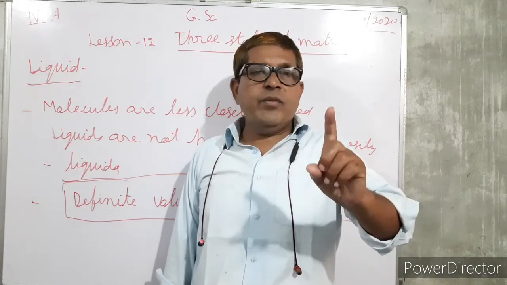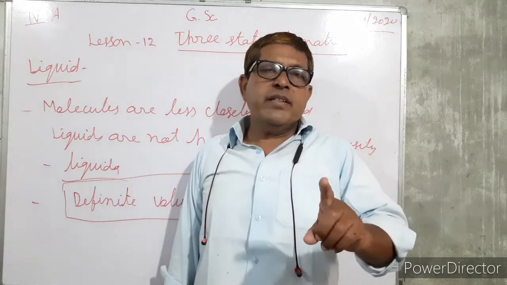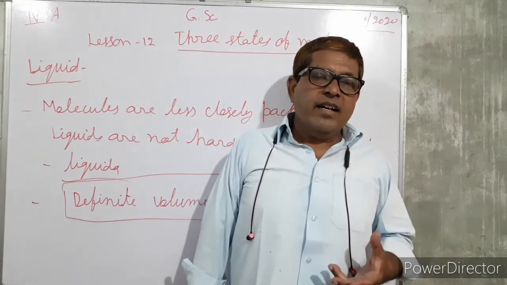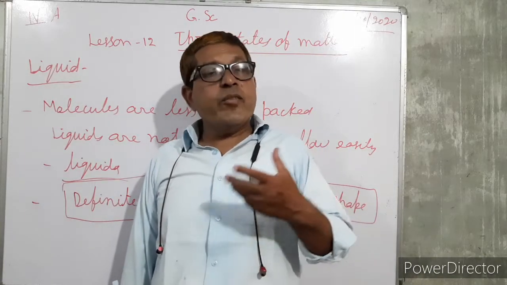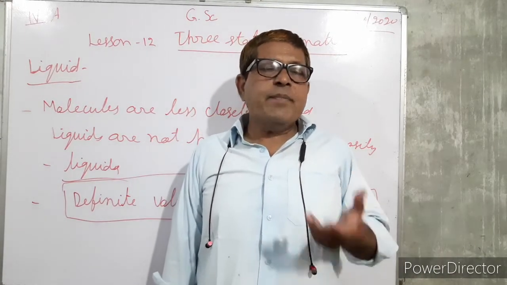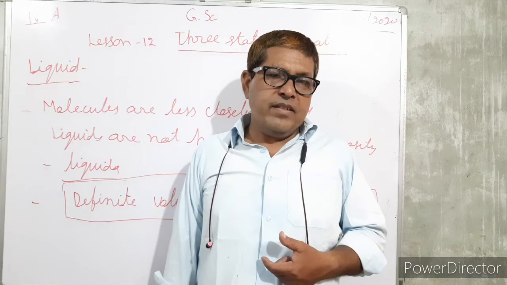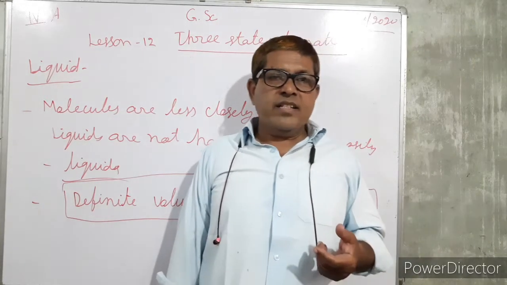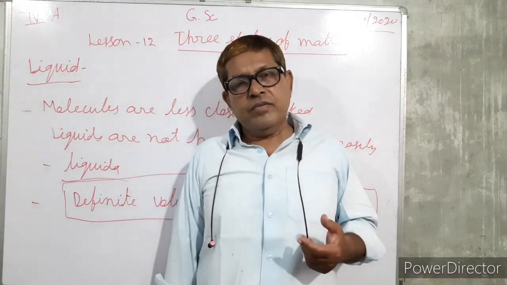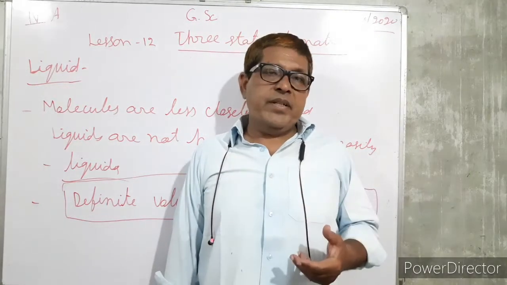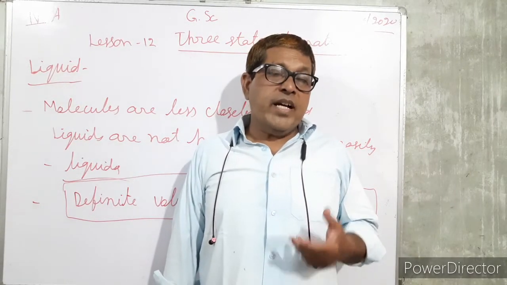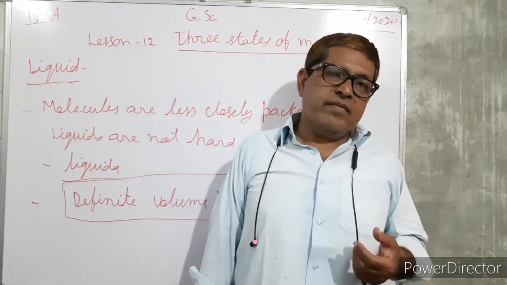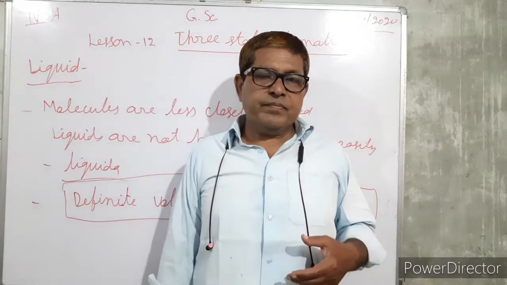This 1 liter of water may be circular shape or rectangular shape or triangular shape. Its shape is not constant. The shape of the liquid is changed according to the shape of the container in which it is kept.